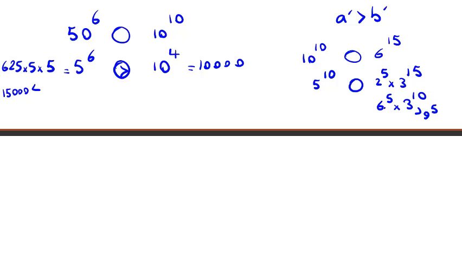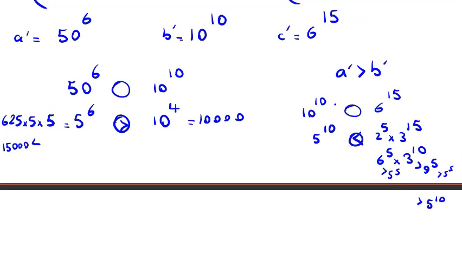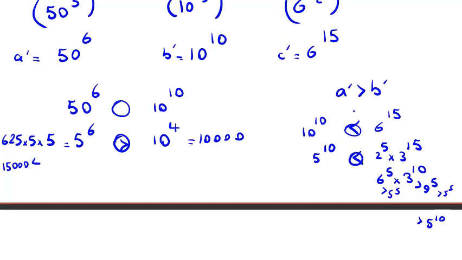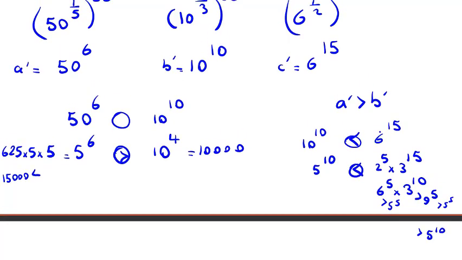So 9 to the power of 5 times 6 to the power of 5, we see that each of them is greater than 5 to the power of 5, so it's greater than 5 to the power of 10. So we see it's greater than this, so it is greater than this. Now we conclude that C prime also is greater than B prime.